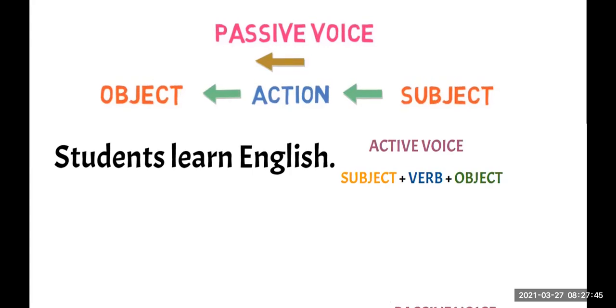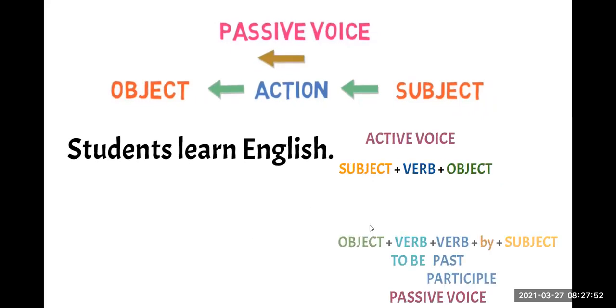The same that Christian said. Okay, thank you. So here we have the object, the verb to be, the past participle form of the verb, and then if we want, we can add the subject, but don't forget that we always need to use by in the passive voice to say who is responsible for this, okay?